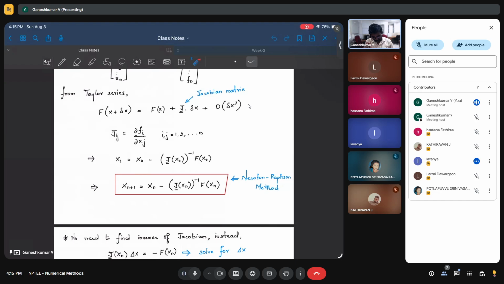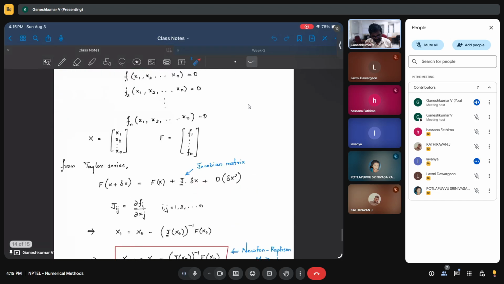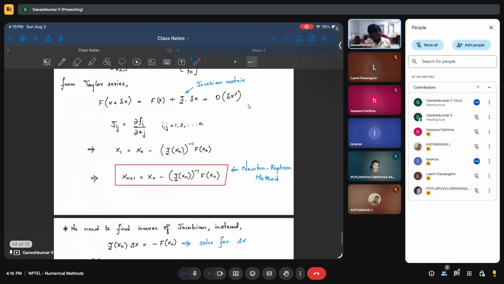Here we focus only on the Newton-Raphson method, and also there is no point in doing bisection because it just takes a lot of time to converge. So people always prefer the Newton-Raphson method, and you will find this whenever you have a set of nonlinear equations. For example, your equations of motion, let's say in robotics.